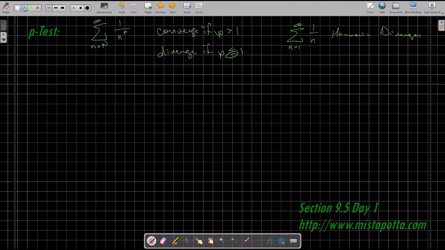So just some real quick examples. I can talk about the sum from n equals 3 to infinity of 1 over radical n. I could even make it a cubed root of n. But as long as this power is less than or equal to 1, I can immediately say diverges. And I'm done at this point. I can say it diverges by the p-test.